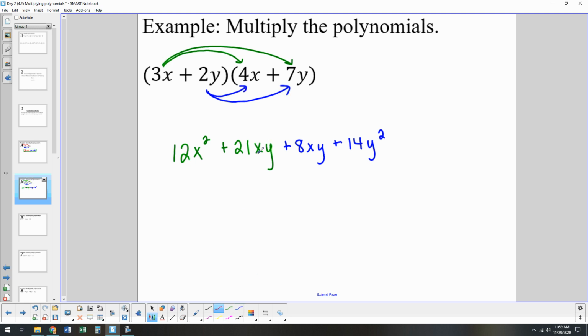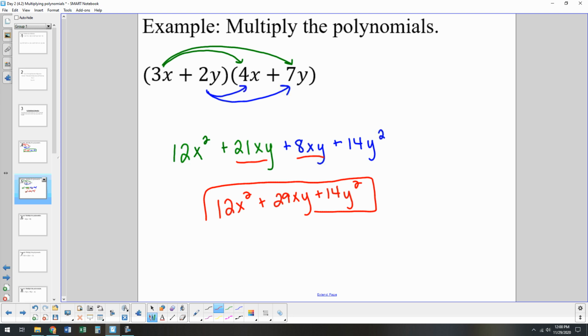So what we have here is two different terms that both have x times y in them. So those two get to be combined. The 12x squared is going to stay 12x squared. 21 plus 8 is really 29, and I keep xy plus 14y squared. And that is my answer for that problem.